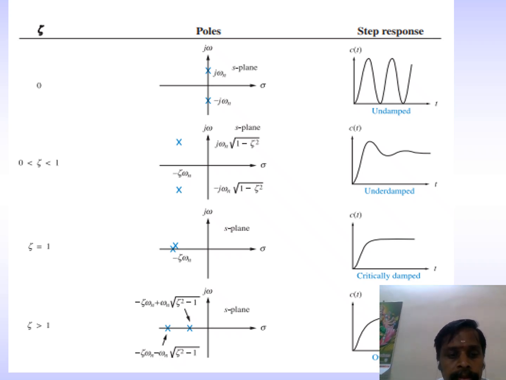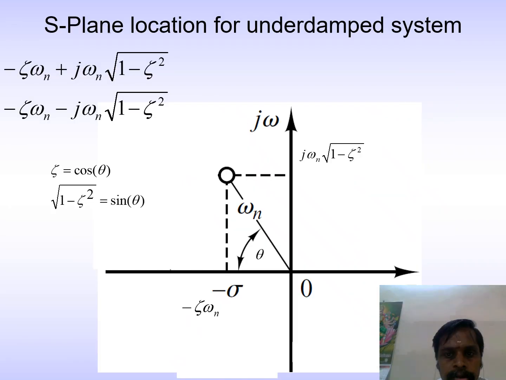If zeta is equal to 1, it is like a first order system response, and if zeta is greater than 1, it is like a first order response with lag. These are the different categories of the second order system with respect to the damping factor.